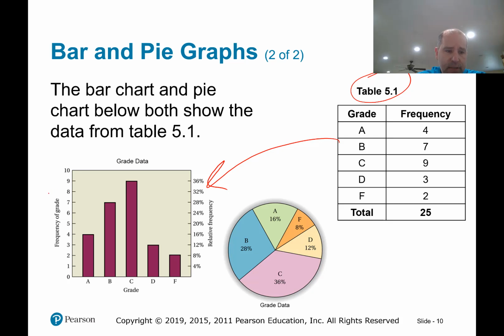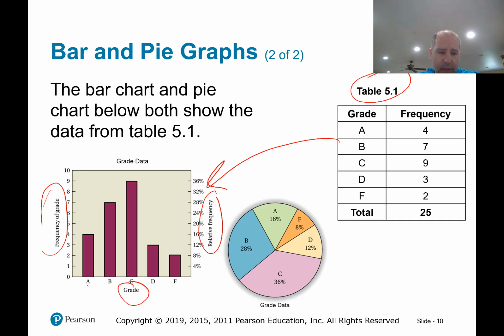Notice the frequencies of the bars are on the left vertical axis, and then you've got relative frequency or percentages on the right vertical axis. And then, of course, the x-axis is the grade.